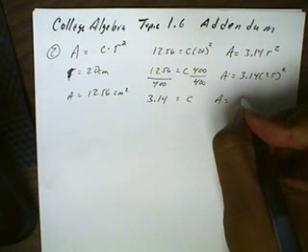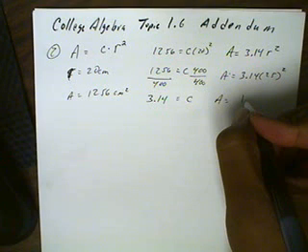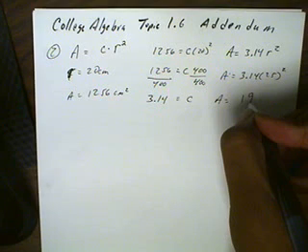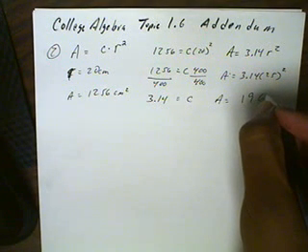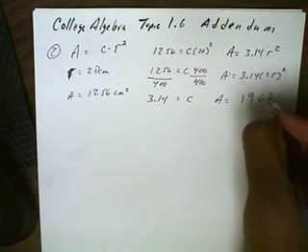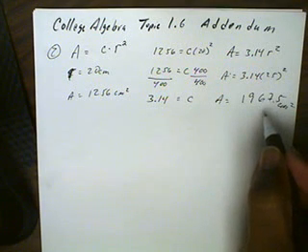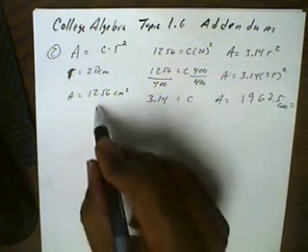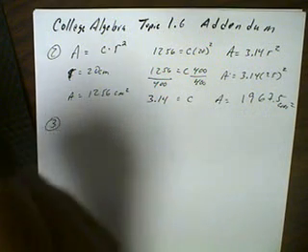I think that'll be 1,963.5, I believe, centimeters squared. Okay, I hope I thought of that right. Got that right. So it's about 1,963, and this is higher than 1,256, so yeah, I'm pretty sure that's correct. That's the area.